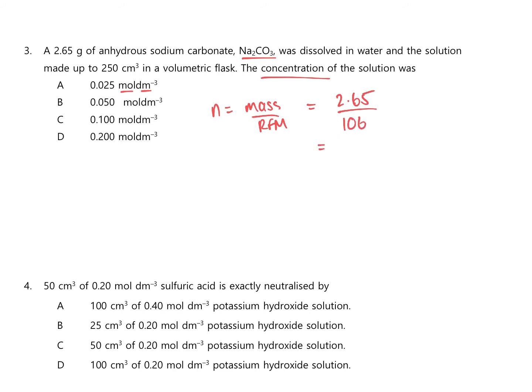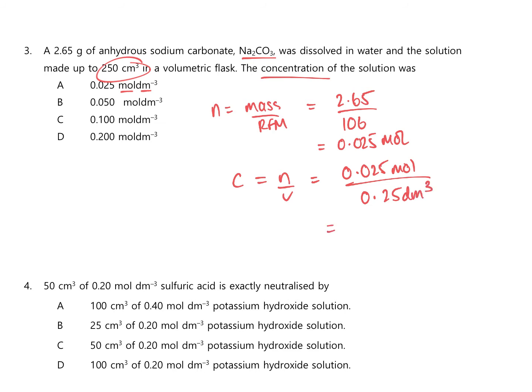That comes out as 0.025 moles. Then simply using C equals n over V, which is 0.025 moles divided by your volume, which is 250 centimetres cubed, that would be 0.25 decimetres cubed. That comes out as 0.1 moles per decimetre cubed. So your answer is C.